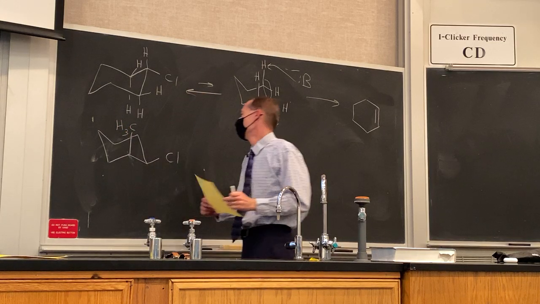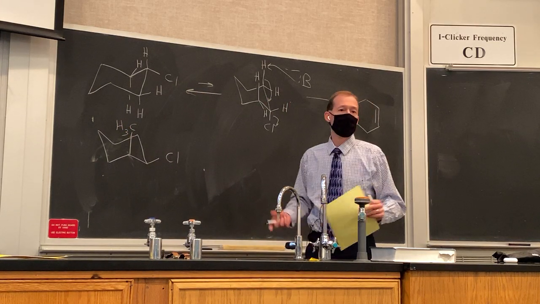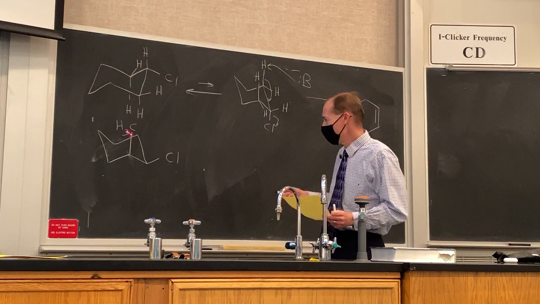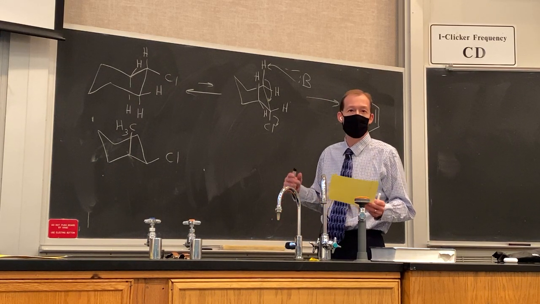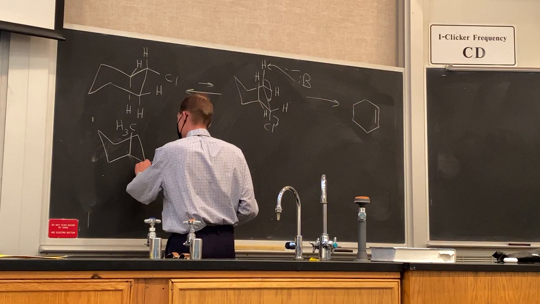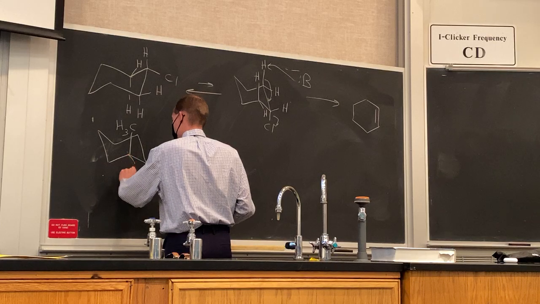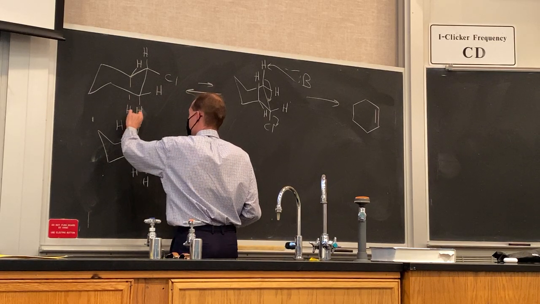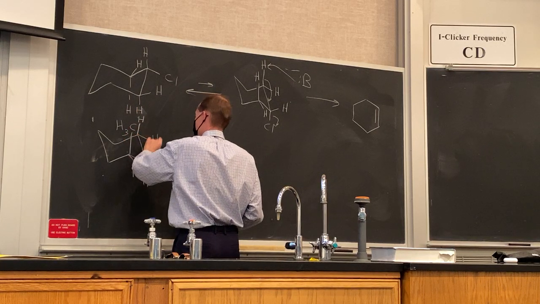Okay. So this is cis-1-chloro-2-methylcyclohexane. We now have a methyl group, and it's cis. It's pointing in the same direction as our chloride. They're both pointing up in this case. And we'll go ahead and draw our beta hydrogens. I drew this too close to the one above. Sorry about that.